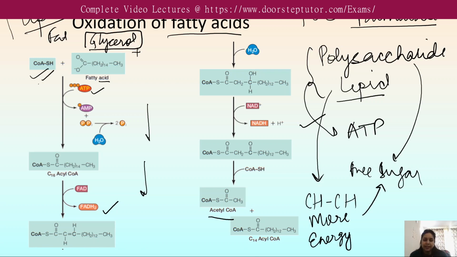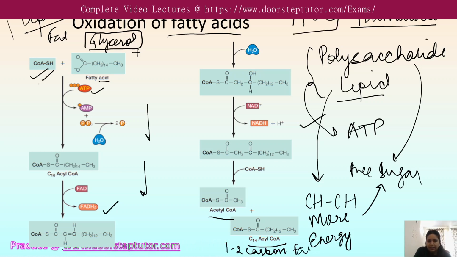The fatty acids are then degraded in a stepwise oxidation process, 2 carbons at a time, yielding acetyl coenzyme A plus a fatty acyl coenzyme A shorter by one 2 carbon unit. Earlier it was 16 carbons, so it is shortened by one 2 carbon unit.